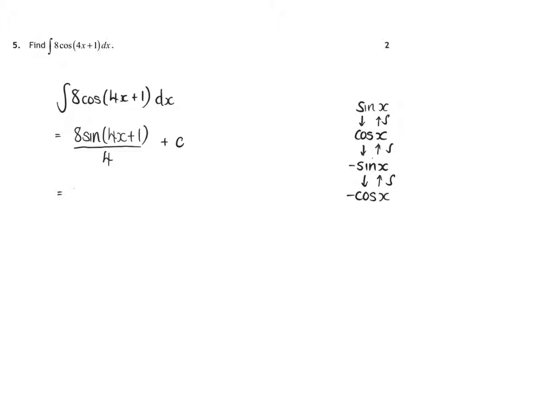So 8 divided by 4 is 2, so we get 2 sine 4x plus 1 plus c. For this, our marks are 1 for starting to integrate, so getting the sine part, and 1 for a complete finished integration of 2 sine 4x plus 1 plus c.